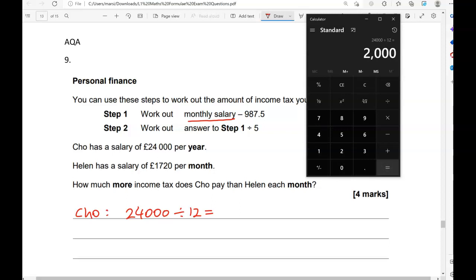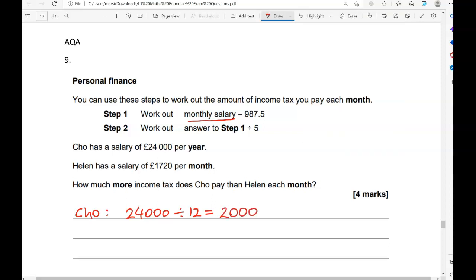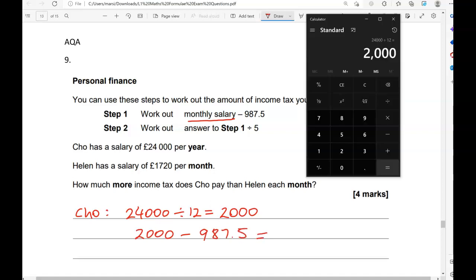Which is 2,000. And we need to take away 987.5 from that. Which is 1,012.5.